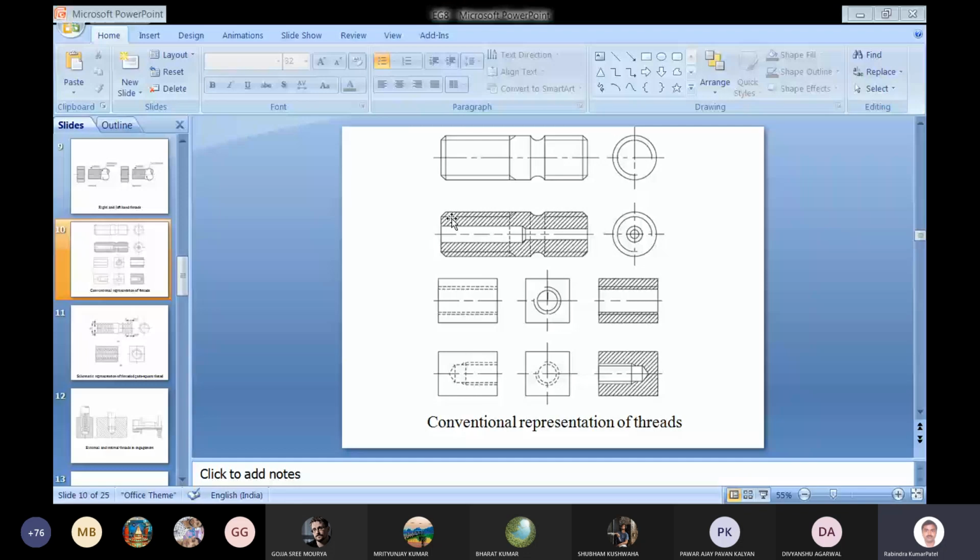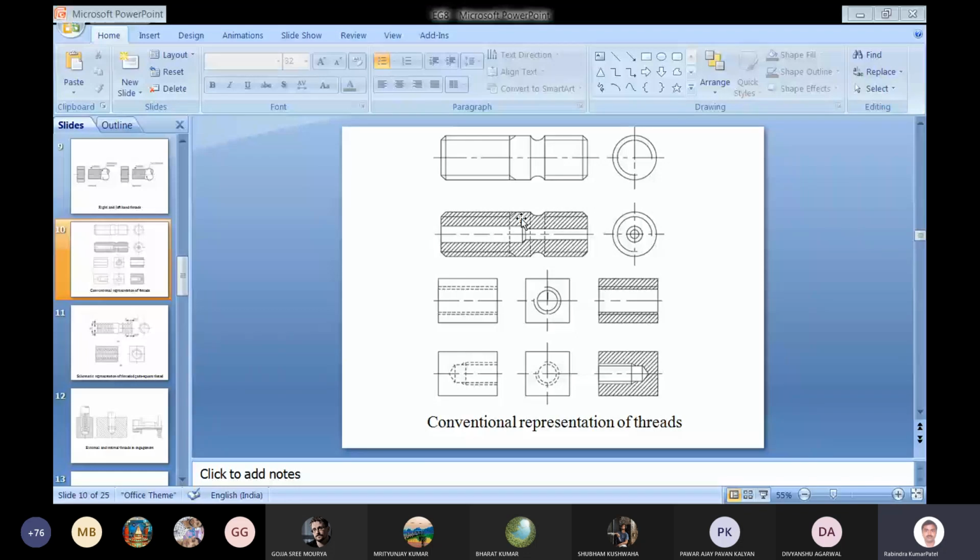In the section view, the threaded part has been hatched in the same direction as the other parts of the component.